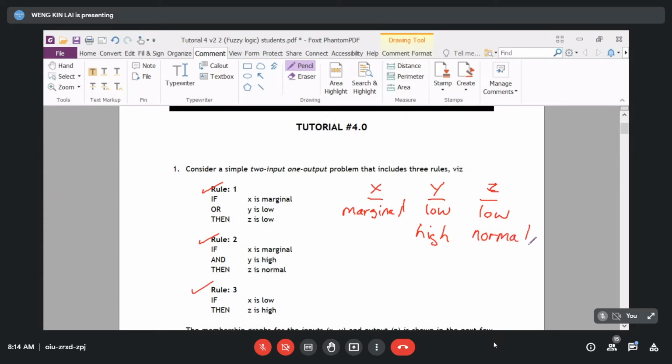I think this question will be quite simple for most of you, because it is a simple case compared to your assignment. The last rule is if X is low and your Z is high. You can see my X and Y have only 2 membership classes, and my Z has 3.